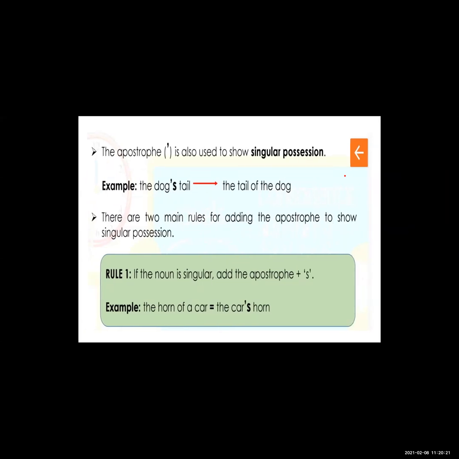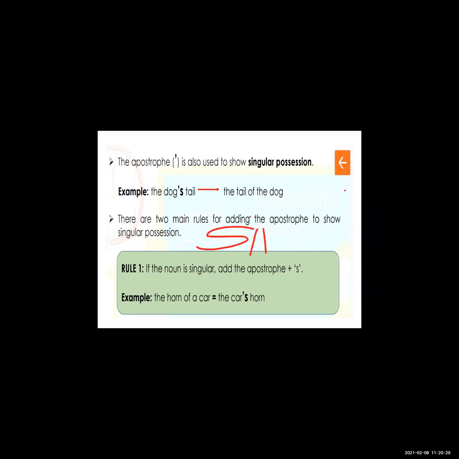Now see the rules. First rule is, if the noun is singular, add the apostrophe plus s. If the noun is singular, at that time you have to add apostrophe plus s. See the example, dog is a singular noun, then we write apostrophe plus s.